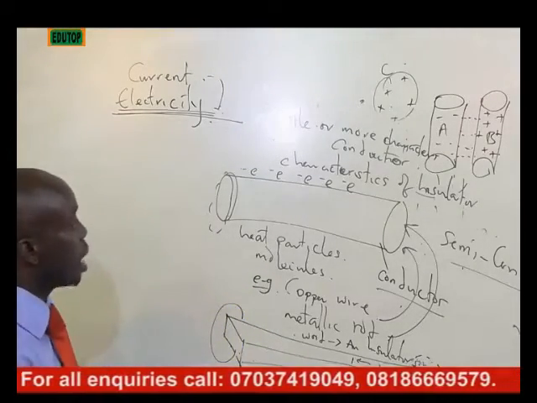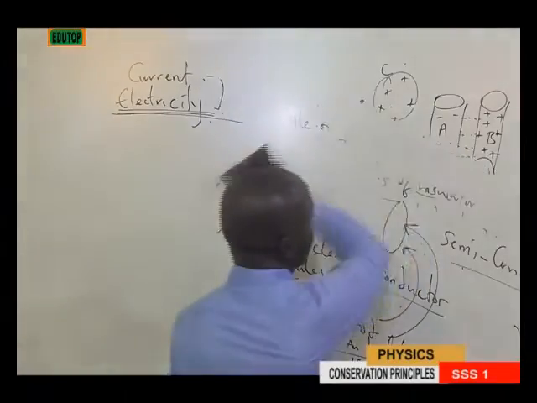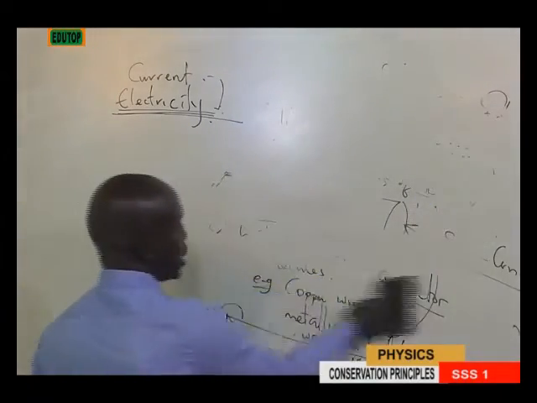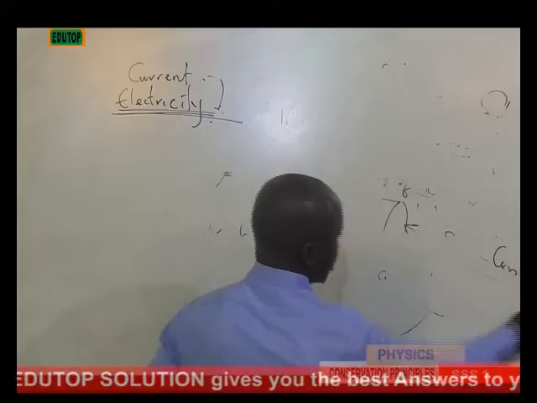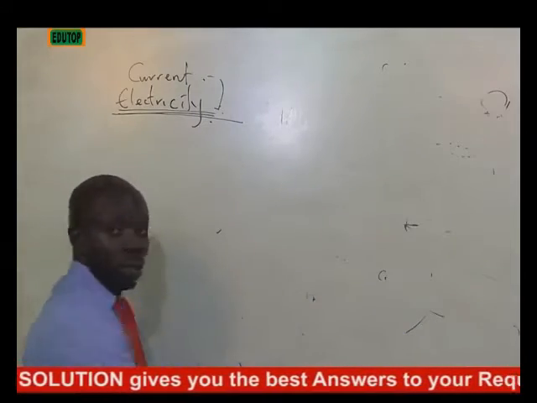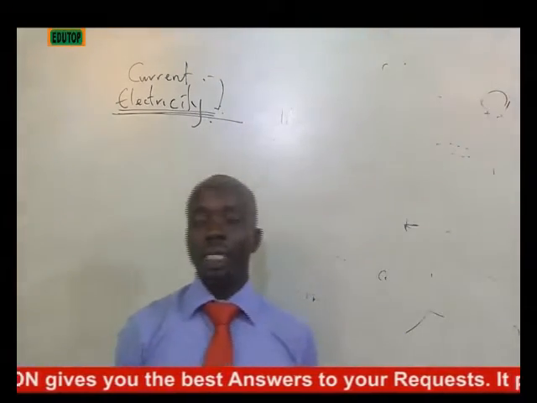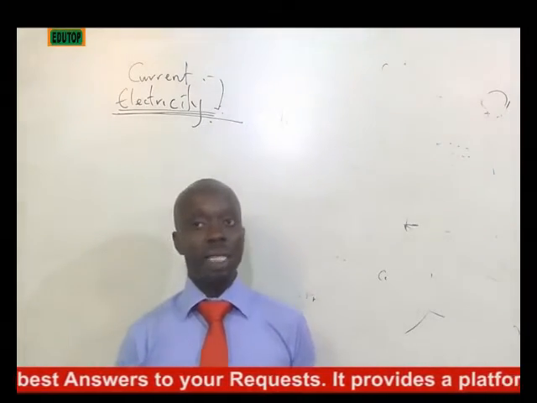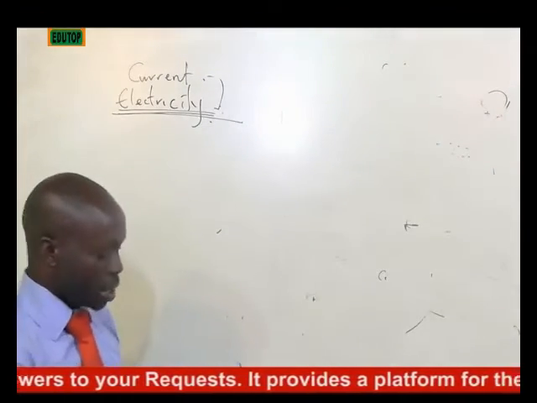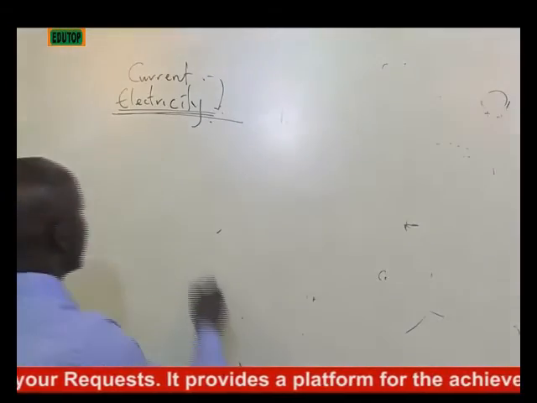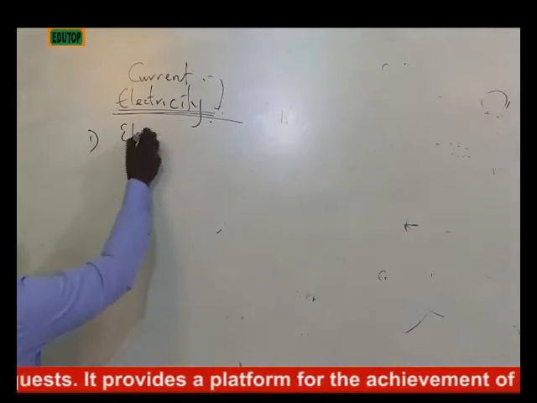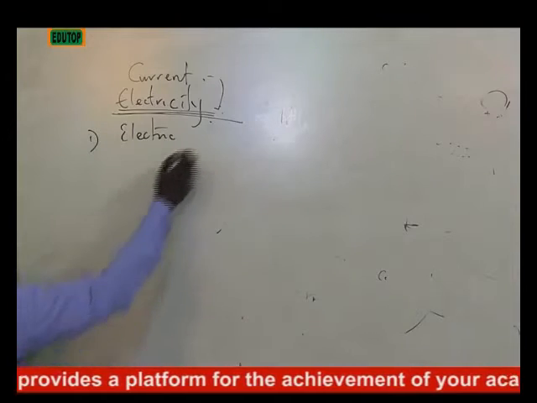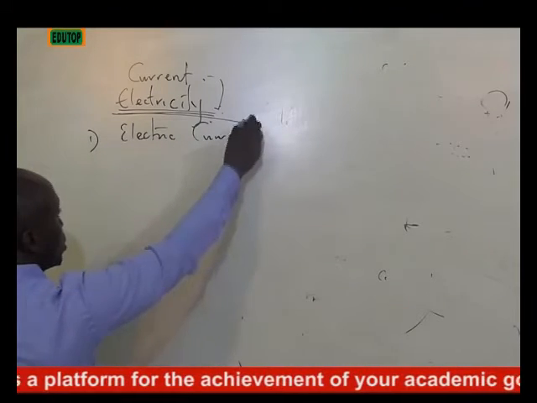Now, first of all, we'll start with electric current. We'll be looking at the actual meaning of electric current, potential difference, and resistance. So now let's start with electric current. Number one, your electric current.